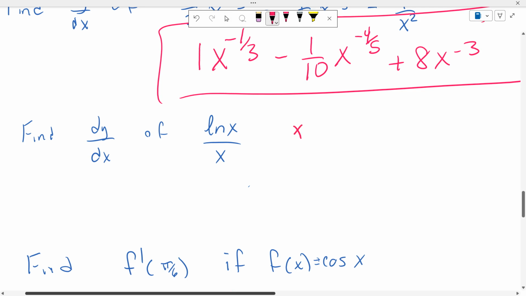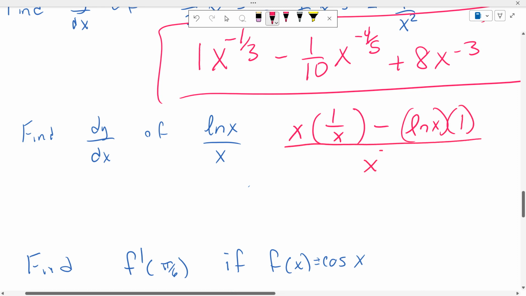The bottom times the derivative of the top minus the top times the derivative of the bottom over the bottom squared. Well, x times 1 over x is just 1. ln of x times 1 is ln of x, over x squared.